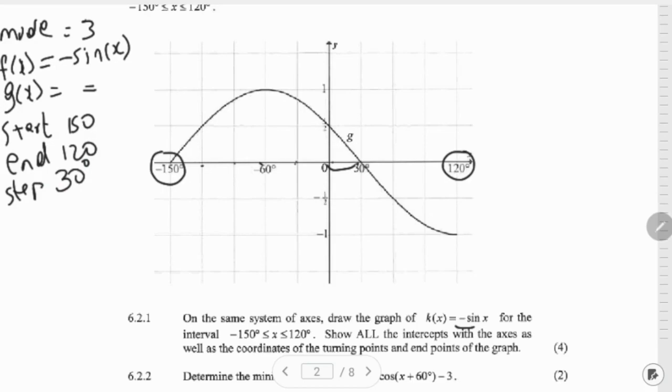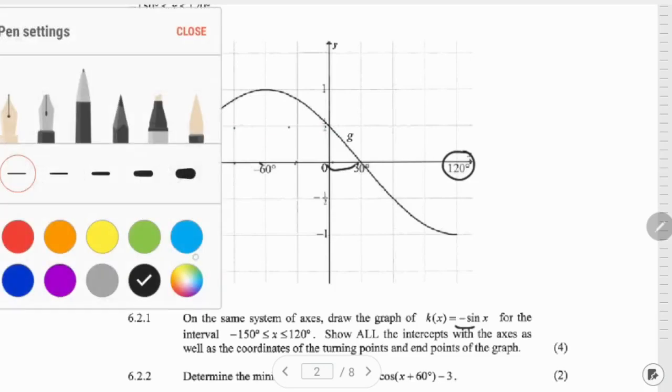Great. So with our graph, when x is minus 150, then your y is going to be a half. We're going to have a point over here. Let me see if I can use a different color.